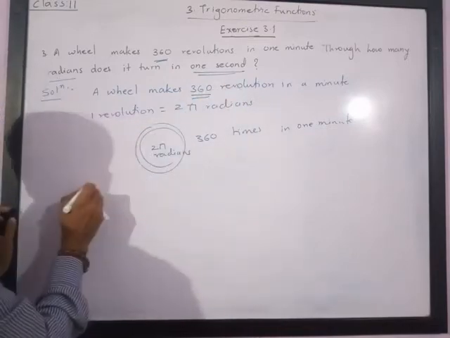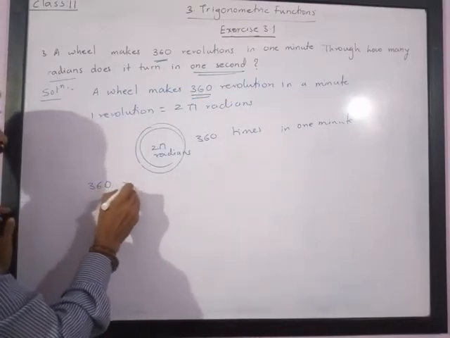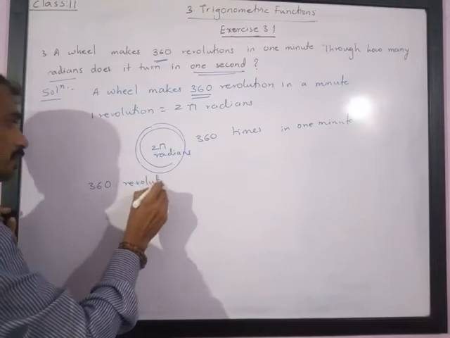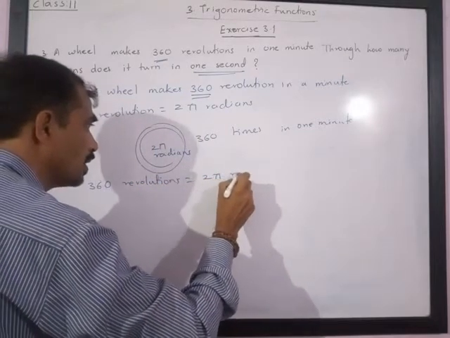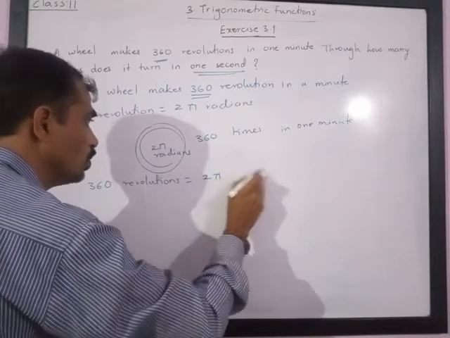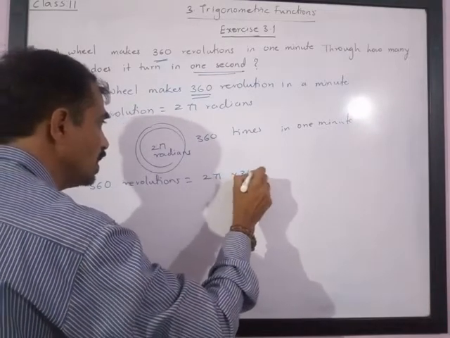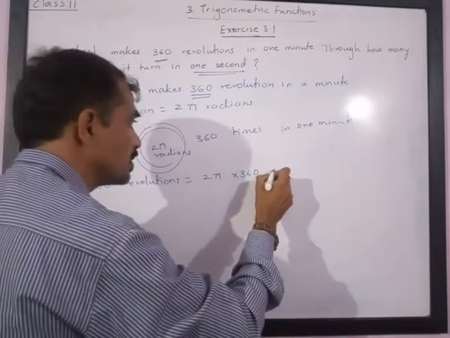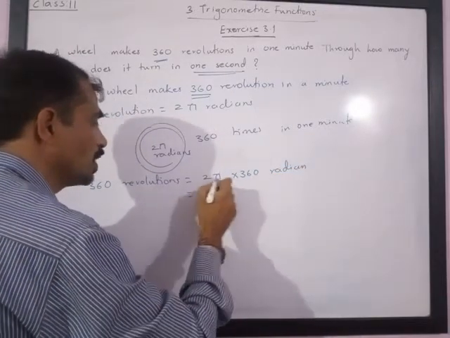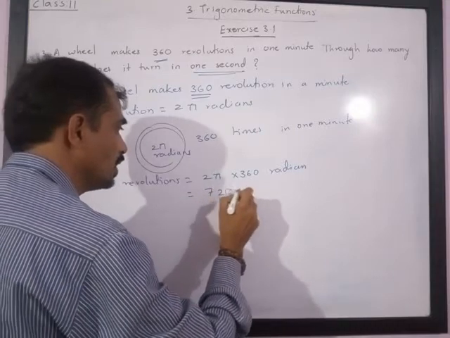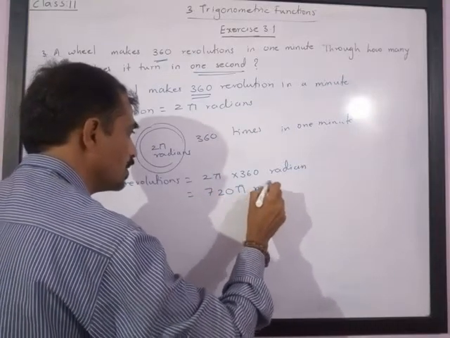Therefore 360 revolutions is equal to 2 pi into 360 radians. So this is equal to 720 pi radians.